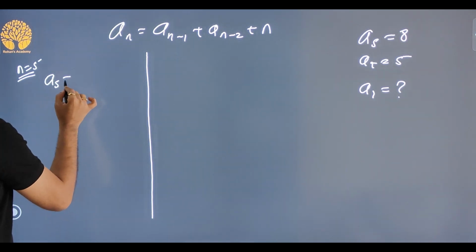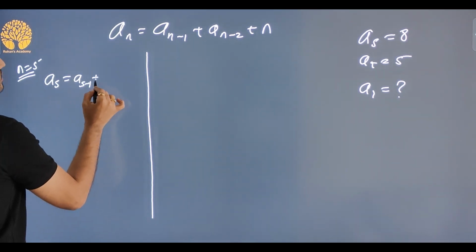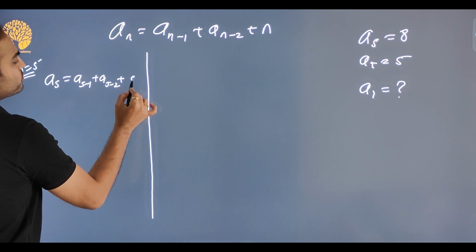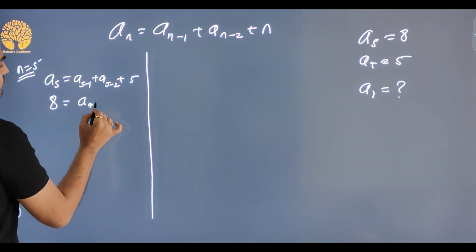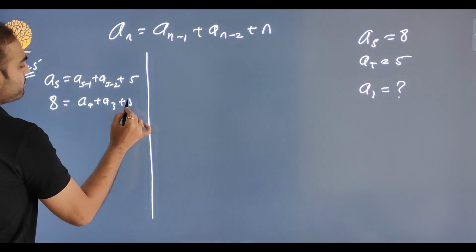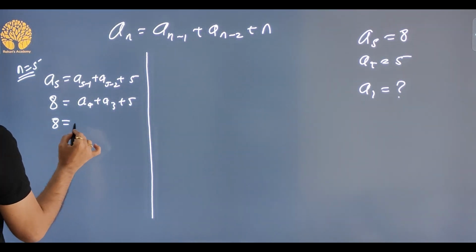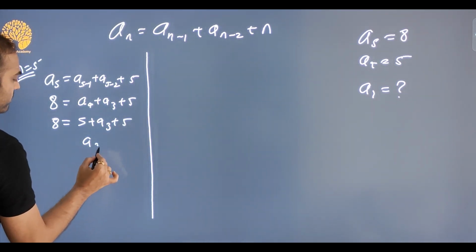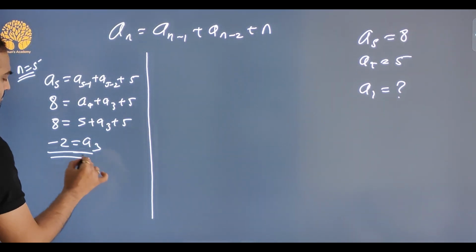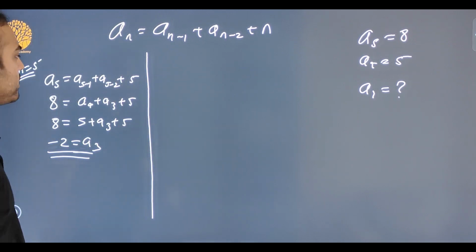I get a5 is equal to a5 minus 1, a5 minus 2 plus 5. 8 is equal to a4 plus a3 plus 5. 8 is 5 plus a3 plus 5. A3 becomes minus 2, which we already know from the previous one.